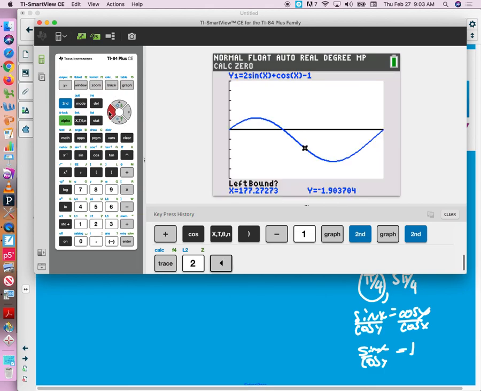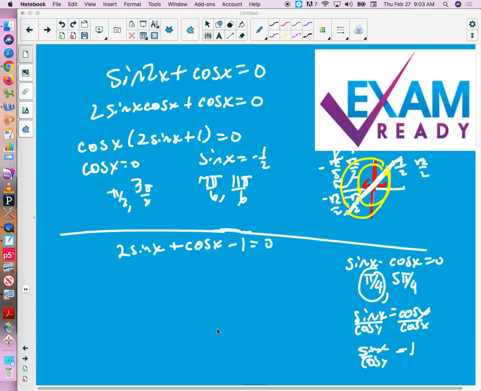Calc Zero, I think, uses a program based on Newton's method. They took Isaac Newton's mathematics and made it a program so that we can find our zeros. To the left, to the right, and on guess I just hit enter. I get 126.869 or 870 degrees.